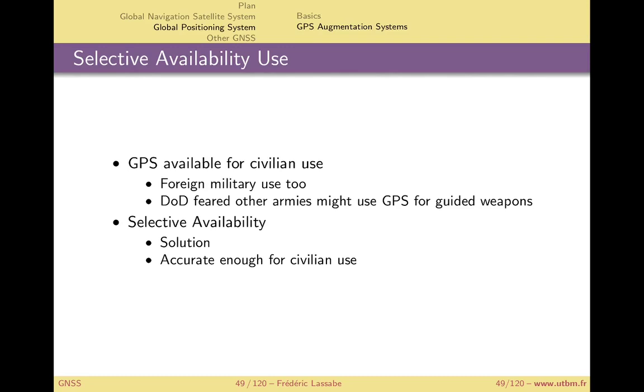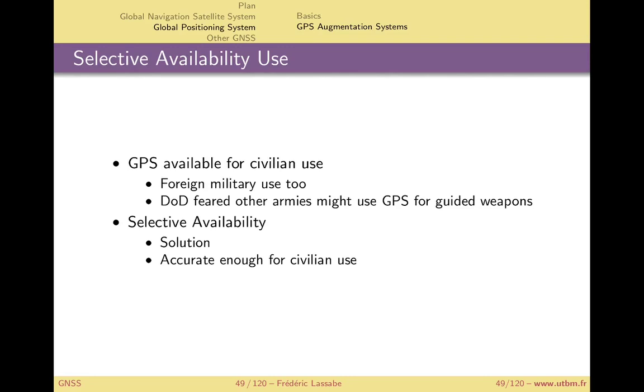So the selective availability was deemed as a proper solution to provide an inaccurate enough system for civilian use while still not providing the full capability of the system to everyone.